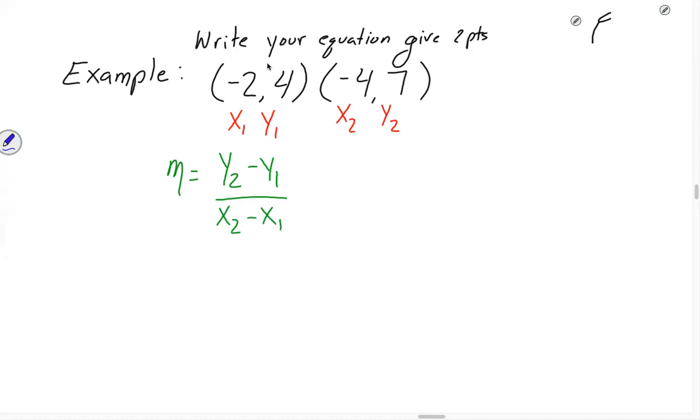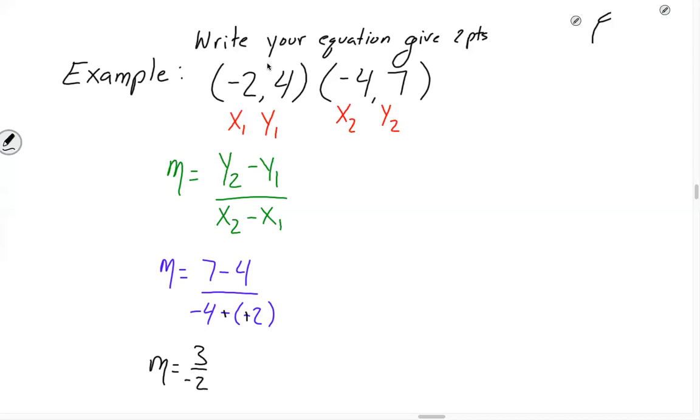Now that I have everything labeled and I have my points, I'm going to substitute. So I do 7 minus 4 over -4 minus a -2. And the last step is always to solve or simplify. 7 minus 4 is 3. -4 minus a -2, two negatives make it positive, so that gives me -2.